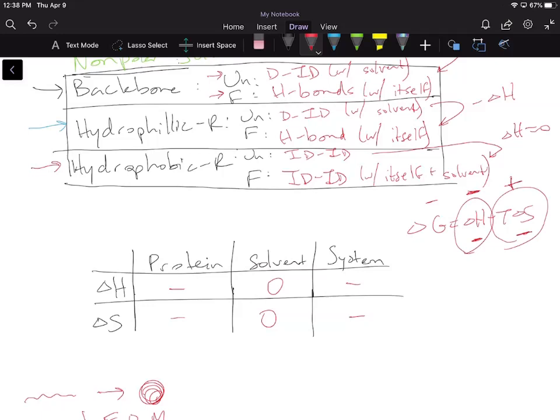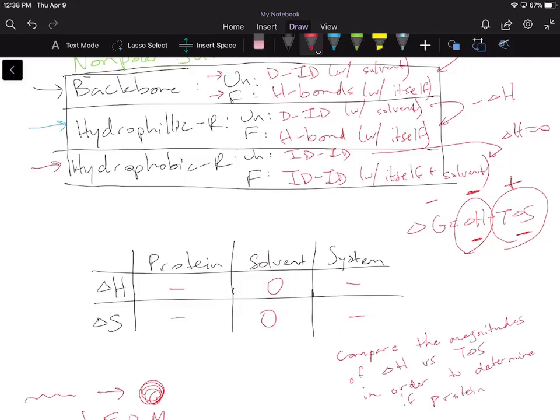Well, if you were trying to figure out if your protein was going to fold in a non-polar solvent, you would have to compare the magnitudes of delta H versus T delta S in order to determine if your protein folds.